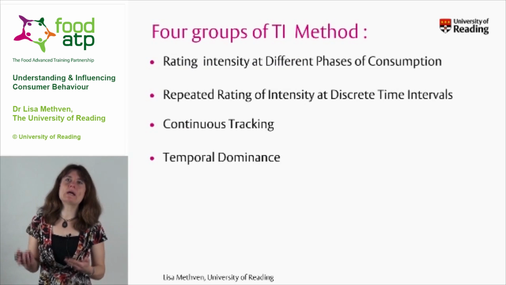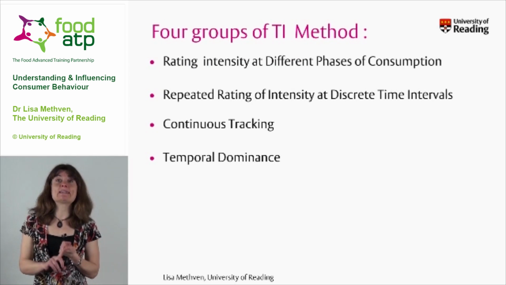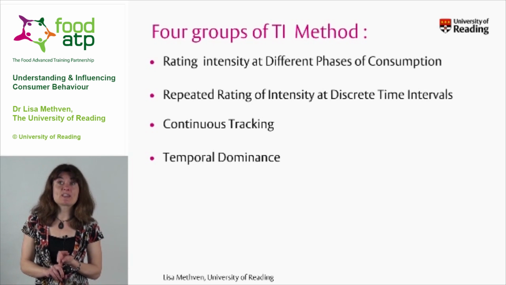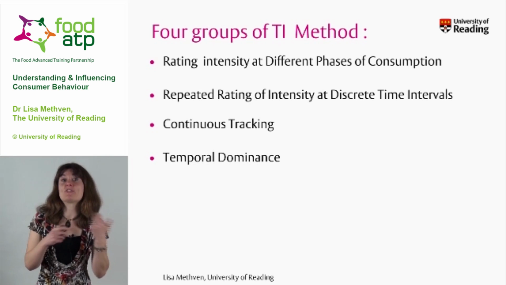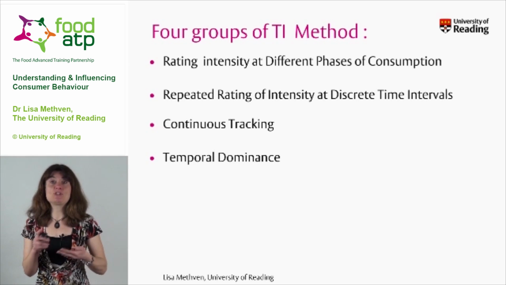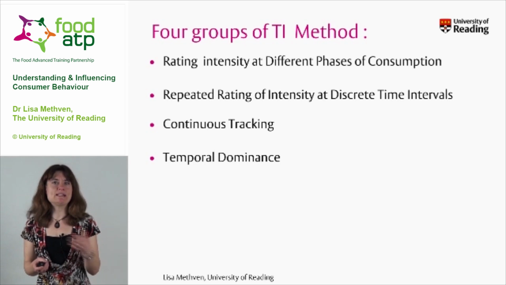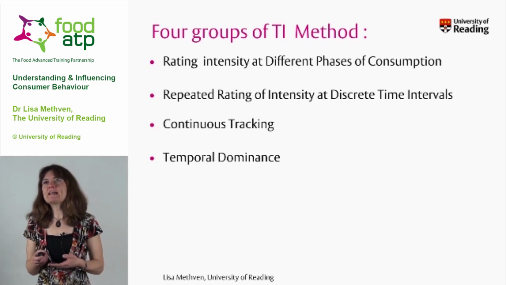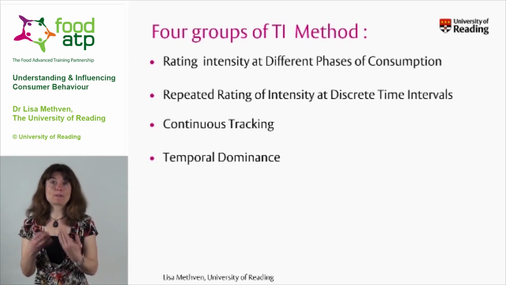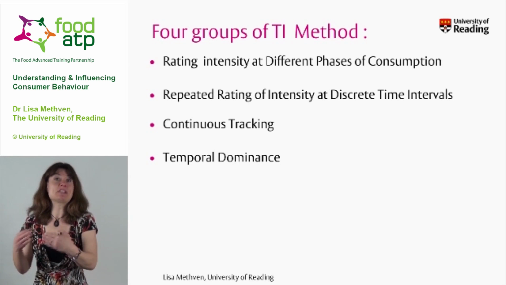Now, there are different ways of looking at time intensity measures. You can just rate at different stages of the consumption period. So, hardness on the initial bite, maybe mouthfeel or mouth coating once you've chewed the product down a little bit, and have different stages of consumption and just rate at different stages. On the other hand, if it's a beverage product or a product that clears more rapidly, you may repeat your rating at discrete time intervals.